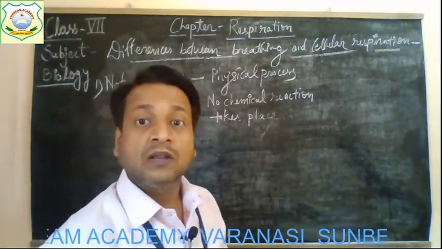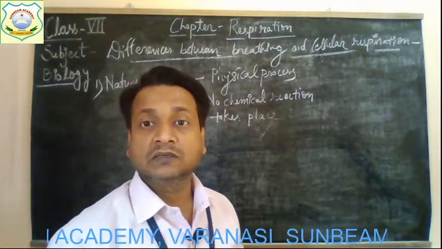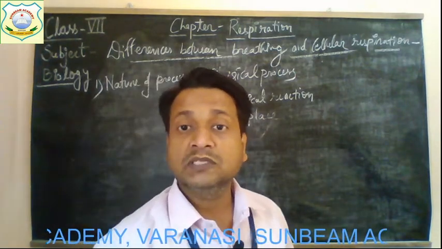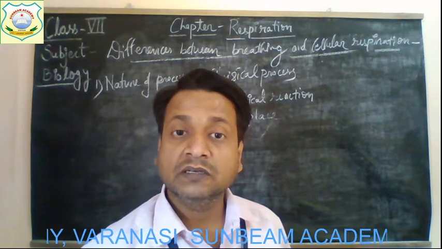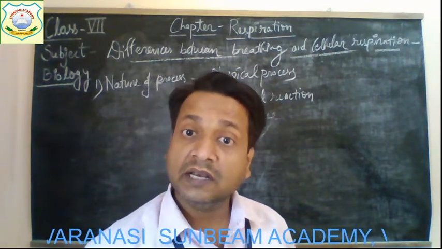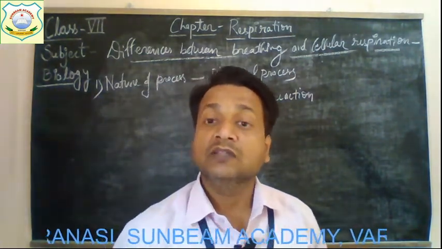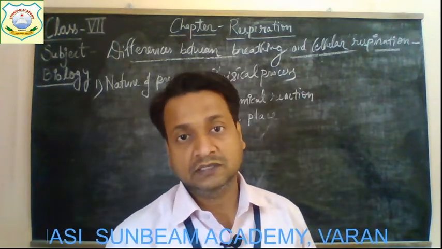Get it? Now, cellular respiration is not a physical process, it is a chemical process. And in cellular respiration, what happens? A chemical reaction takes place in which the oxidation of food occurs.